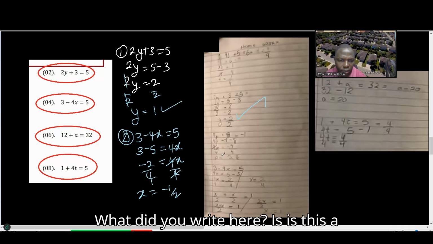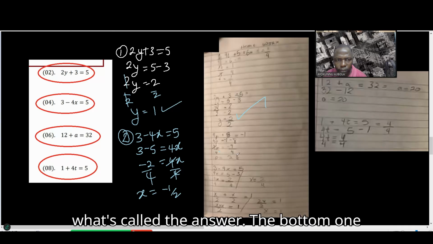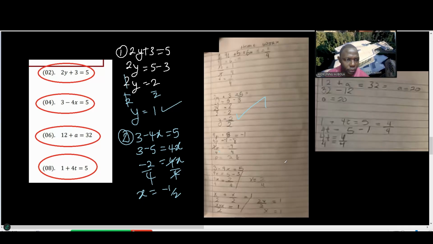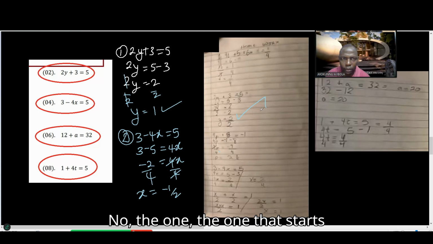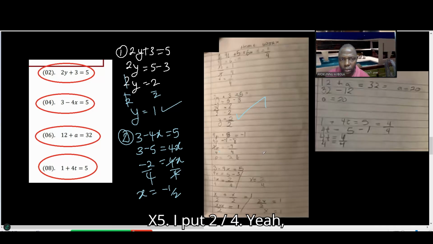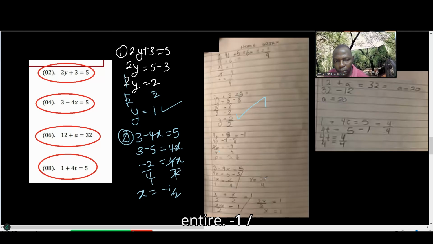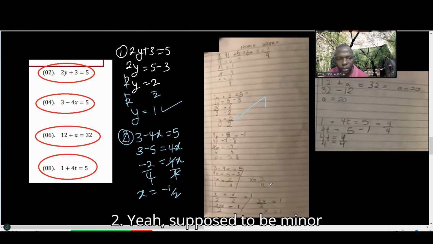What did you write here? I put 2 over 4 for the answer, instead of minus 1 over 2.